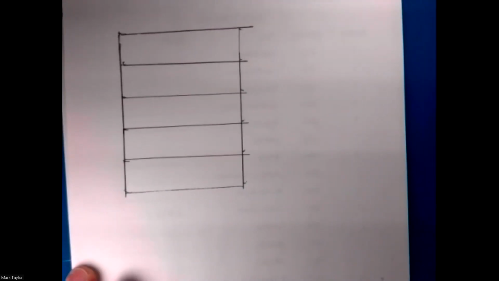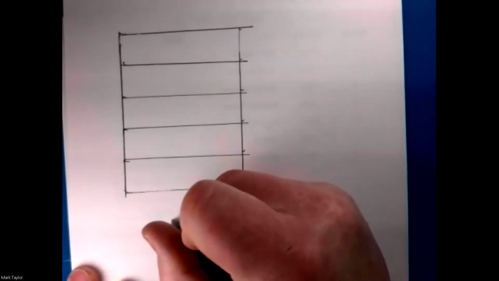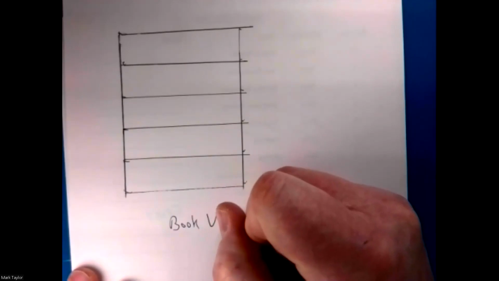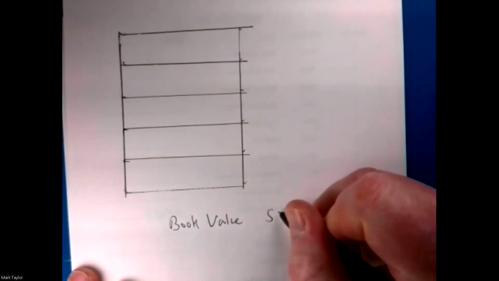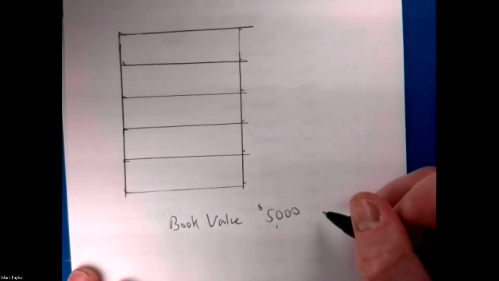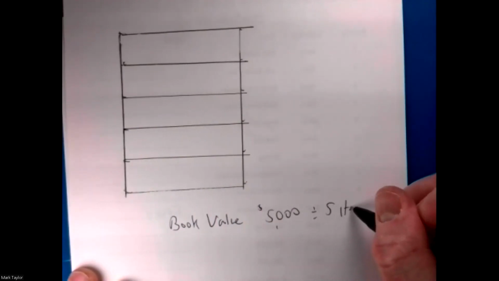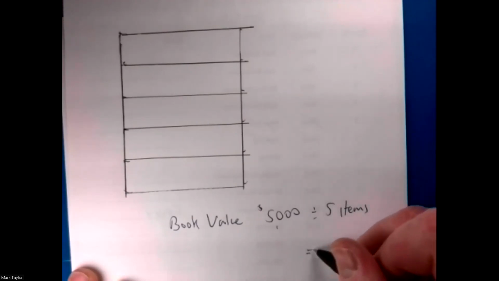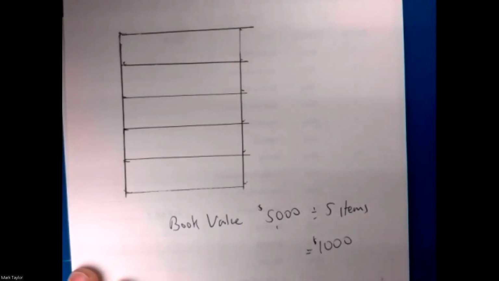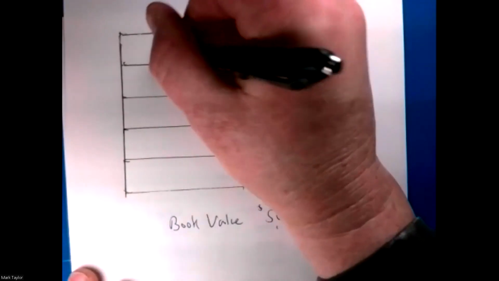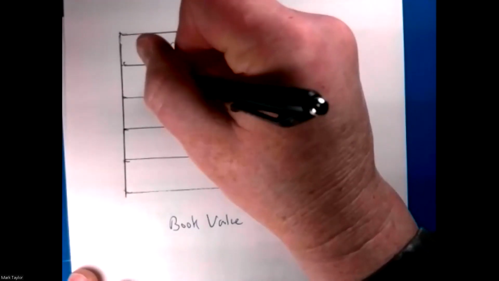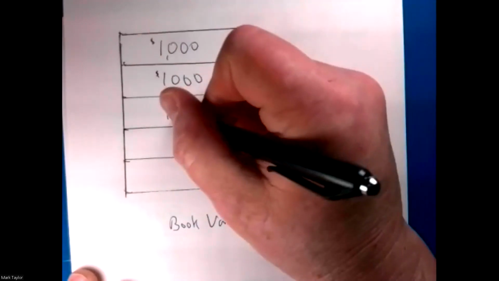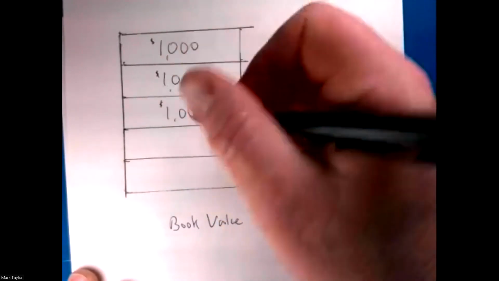So it's sort of like this. The book value is 5,000 divided by 5 items, which equals $1,000. So each of these will be broken up into kind of like $1,000 chunks.